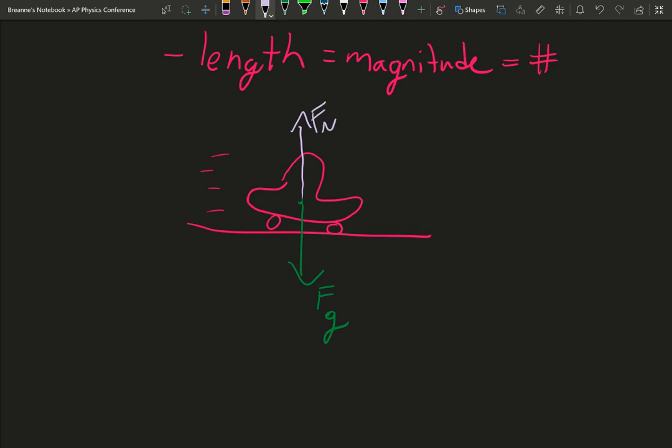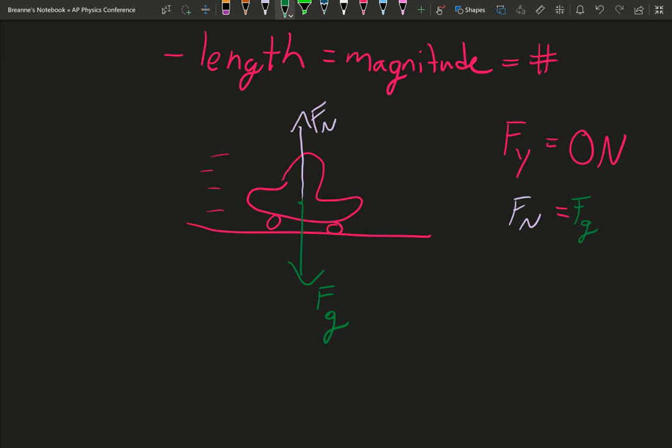Again, you want to eyeball it so that your force of normal and force of gravity are the same length, because it's not moving in the y direction. We don't have hovering cars yet. Gosh darn it. So since our force in the y direction is 0 newtons, that means that our force of normal equals our force of gravity.